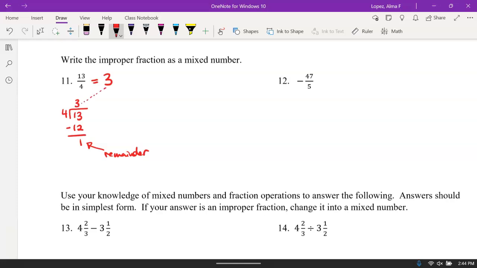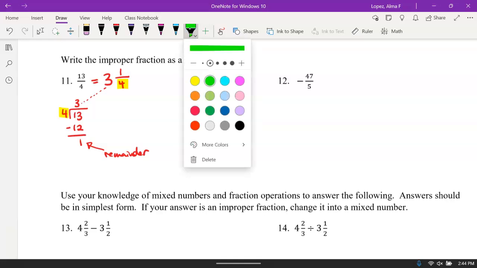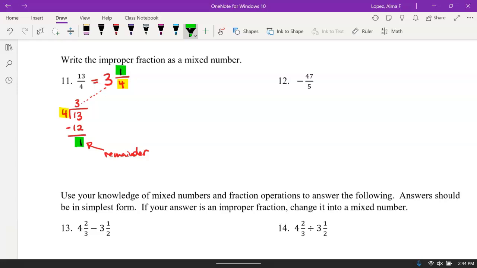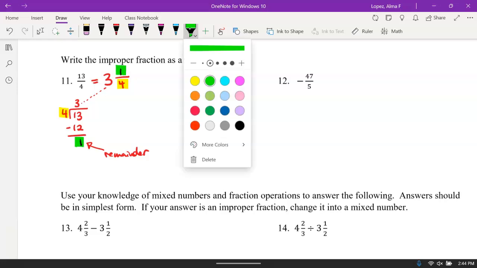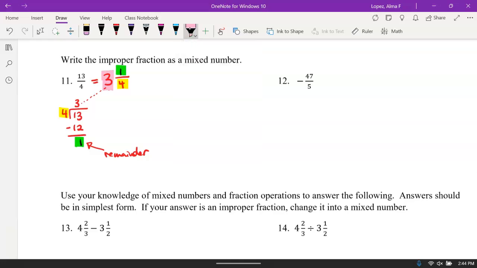The remainder is going to go on the top, and the divisor is going to go on the bottom. Just want you to see where those pieces come from. And one more. I won't do it on all of them, but I want you to have it at least once so you can see where the pieces go.